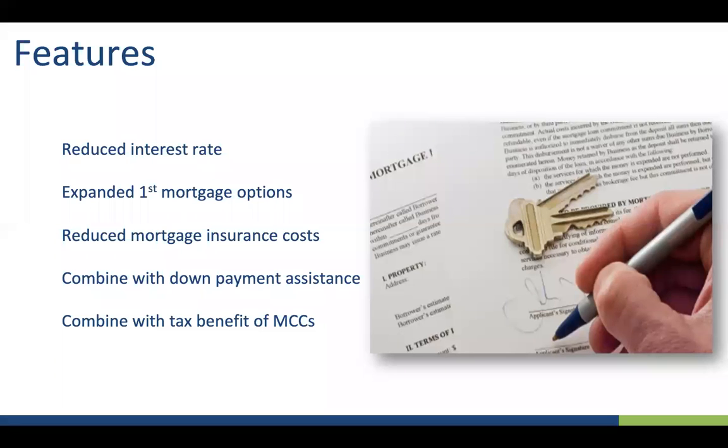Now, many of these first mortgage programs can also, of course, be combined with down payment assistance, both from the housing finance agencies themselves, but often they'll let you layer on maybe a city program or a local nonprofit program with their mortgage and down payment assistance. So there are layering opportunities there as well. And some of these affordable first mortgages can be combined with the tax benefits of mortgage credit certificates, or MCCs, which we're going to look at here shortly.